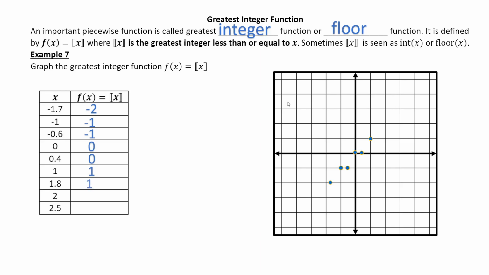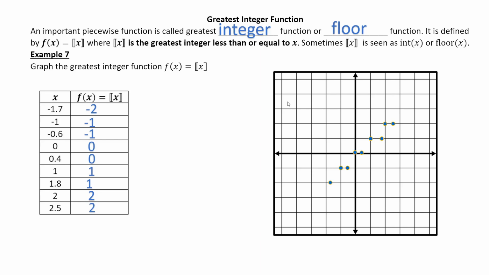So the point 1.8, 1 is on this graph. When x is 2, the greatest integer less than or equal to 2 is itself, 2. For 2.5, the greatest integer less than or equal to 2.5 is still 2. So the point 2.5, 2 is on this graph.